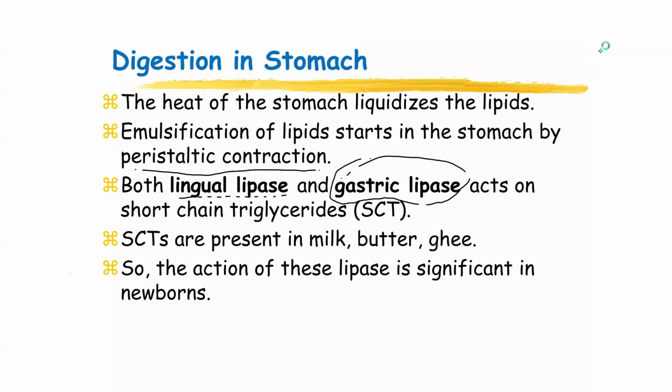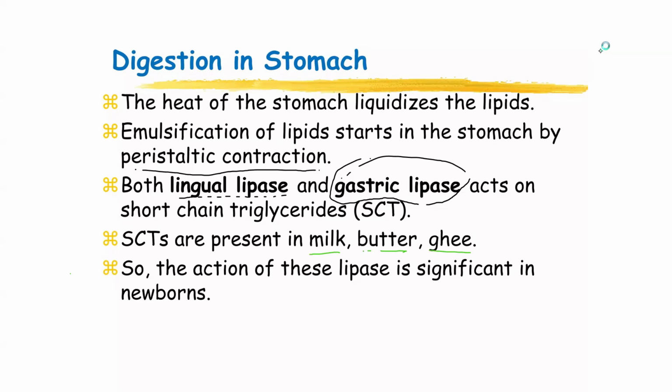The lingual lipase also acts on short-chain triacylglycerol.